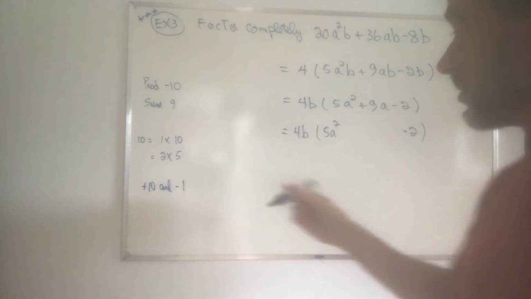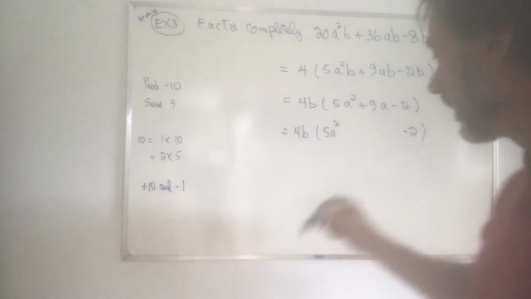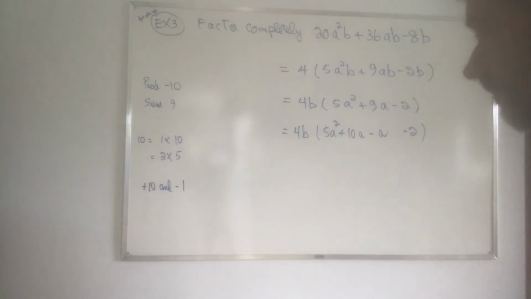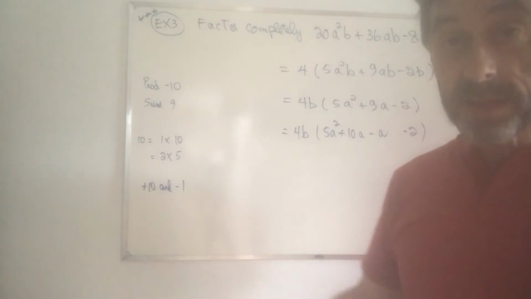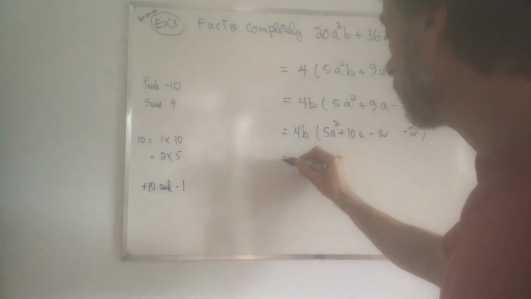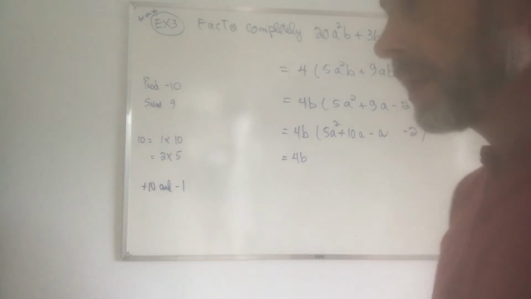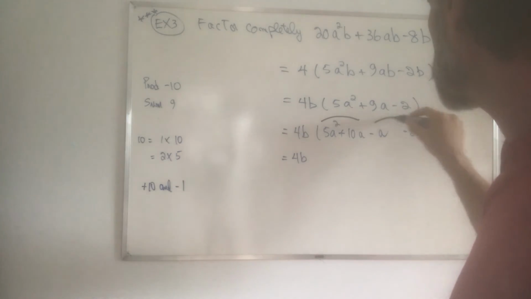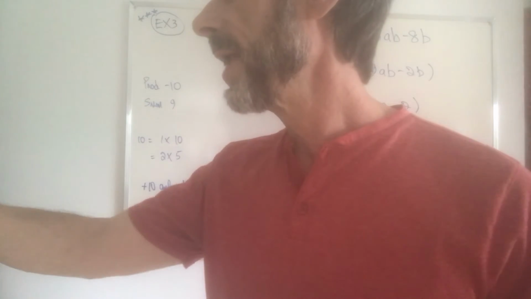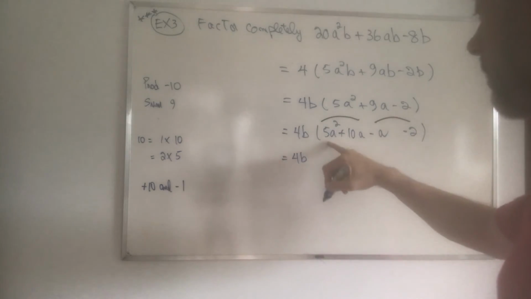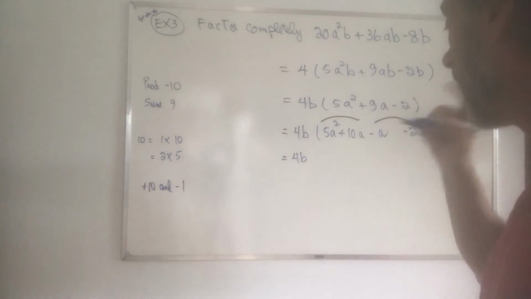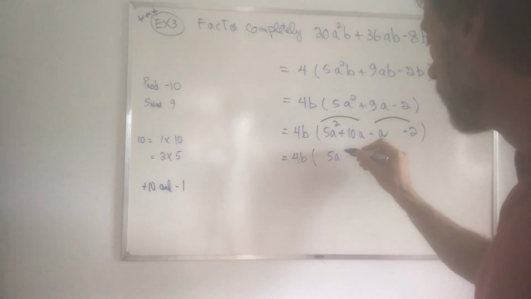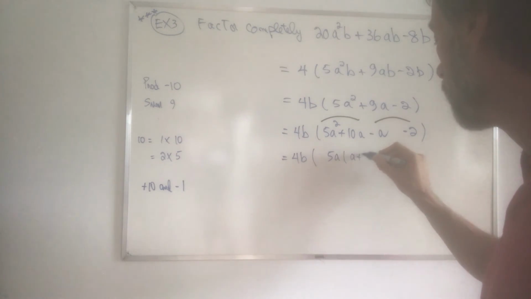So we use those 2 numbers to replace the middle guy. We will replace the middle guy 9a by 10a minus a. And then if we did our work correctly, this should work out nicely. So here's 4b. Now I need to see what's common with this and what's common with that as well. What's common between 5a squared and 10a? I can see a 5a in here. So 5a, I shall have a plus 2.